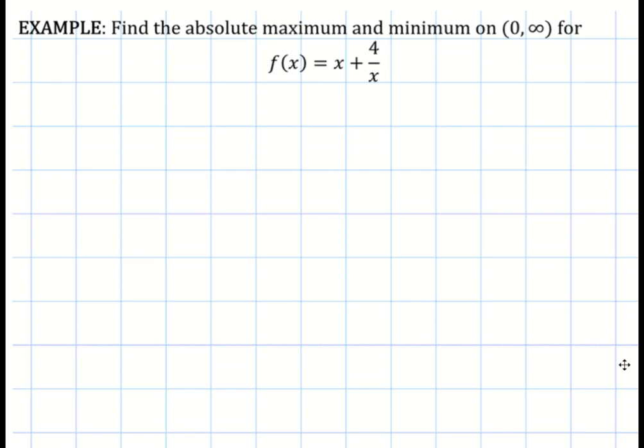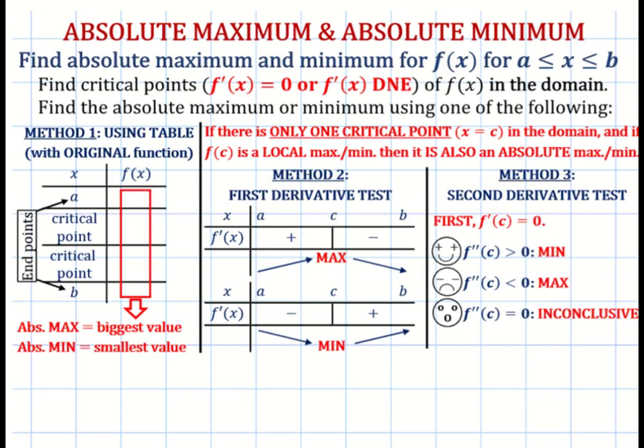Find the absolute maximum and minimum for the function f of x equal to x plus 4 over x on an interval 0 to infinity. First, for an absolute maximum and absolute minimum to exist, we have to have two things. First, the function has to be continuous and the interval has to be closed.